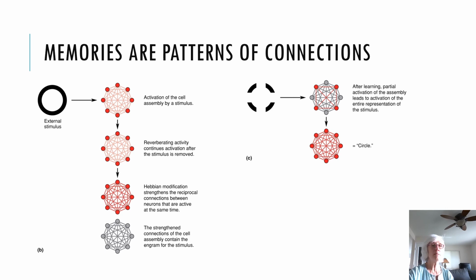So what happens in Alzheimer's is when those cells begin to die, we start losing some of the cells that are part of that engram, part of those connections. And over time, as more and more cells die, fewer cells are available to be called upon to help us recognize this as a circle.